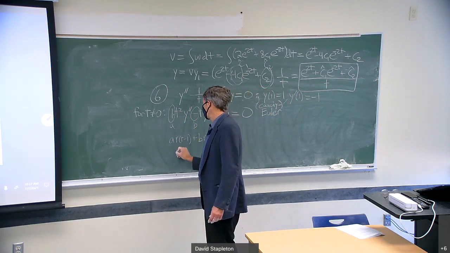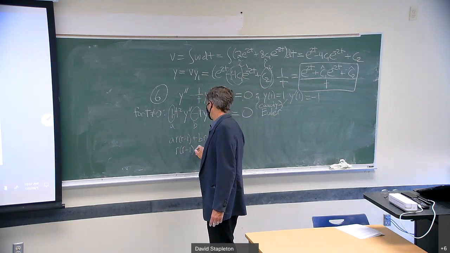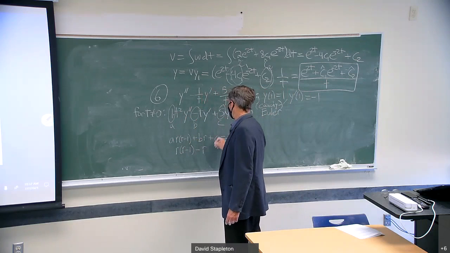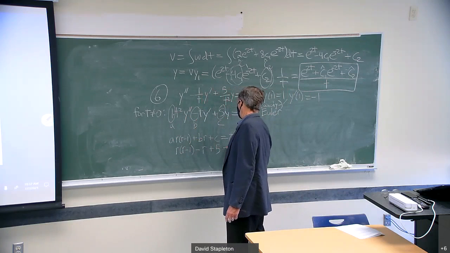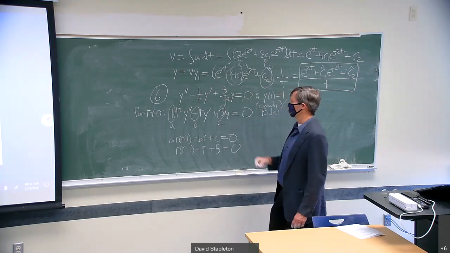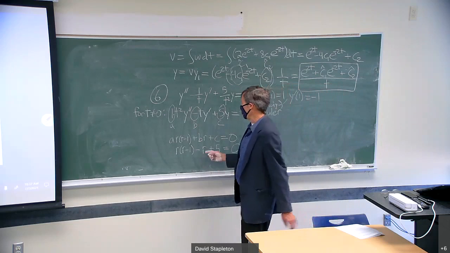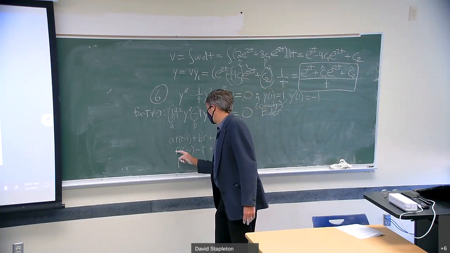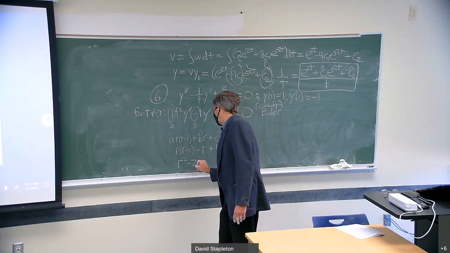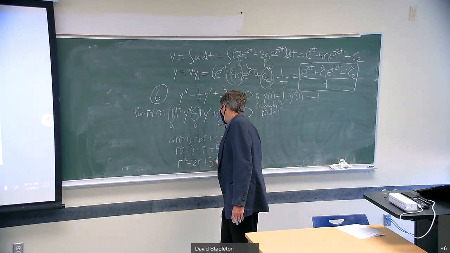Now it's 1 times r times r minus 1, minus 1 times r, plus 5 equals 0. That's the Euler characteristic equation. It's always a quadratic equation once you multiply it out. Okay, it's r squared minus r minus r plus 5 equals 0.